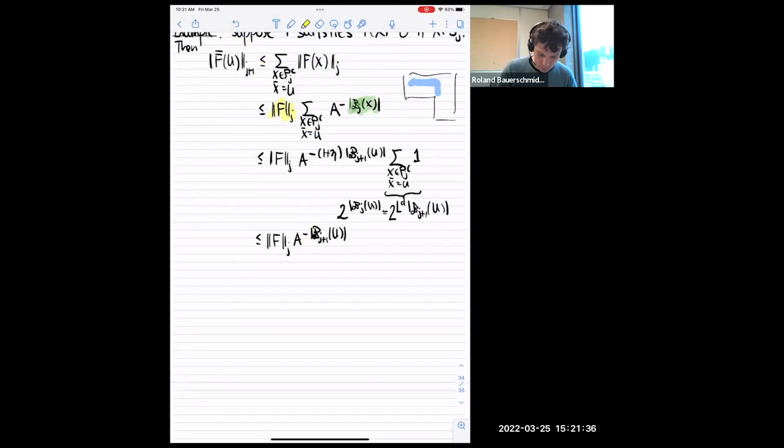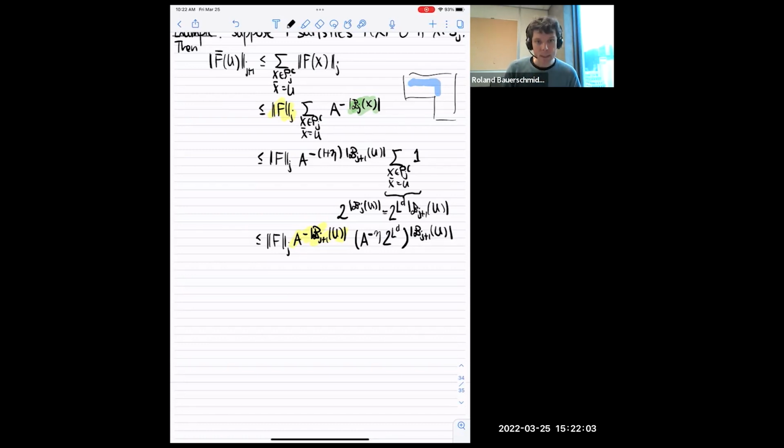Actually, that's how the norm of f j plus 1 is defined. But then we have this eta left. So what factor do we have left? We have a to the minus eta, and then there's a 2 to the L to the D, and this is to the number of j plus 1 blocks in U.